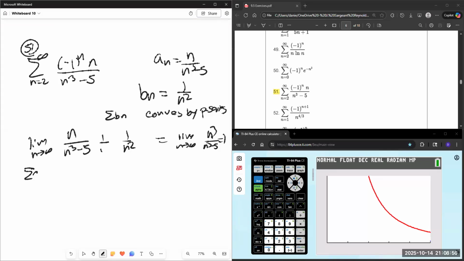So the a_n and b_n series both converge or both diverge.